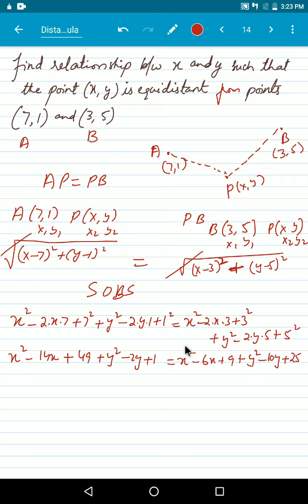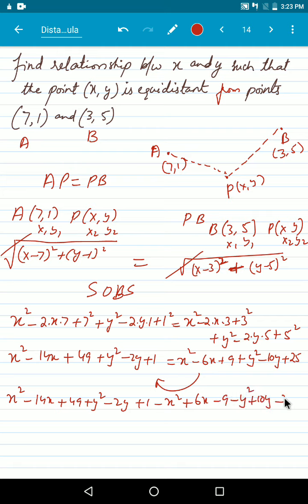We simplified this. Let us bring all the terms to this side. x square minus 14x plus 49 plus y square minus 2y plus 1 minus x square, plus becomes minus and minus becomes plus, plus 6x minus 9 plus 10y minus 25, equal to 0. Minus x square plus x square is 0, plus y square minus y square is 0.